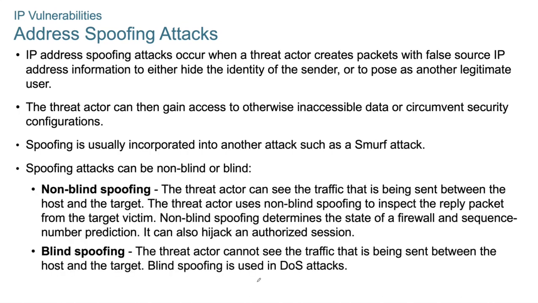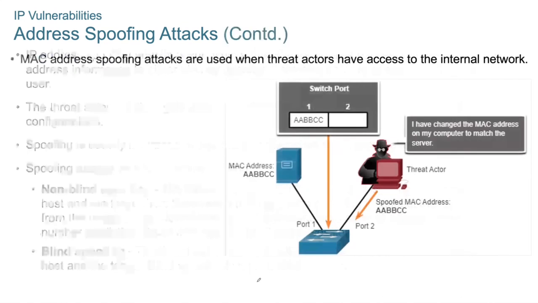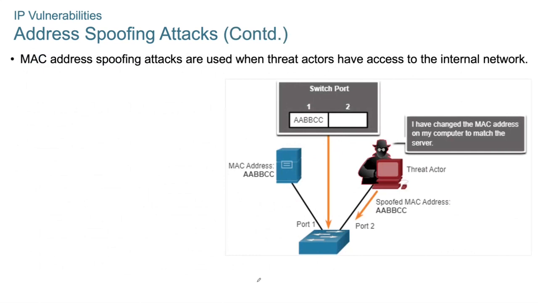So let us see that with an example. In this case, there is a server here. The server is using this MAC address. Okay, so then, when trying to build the address table at the switch port, generally what happens?